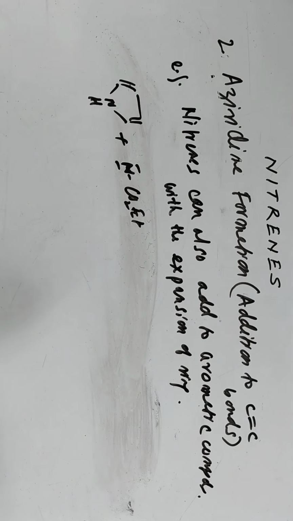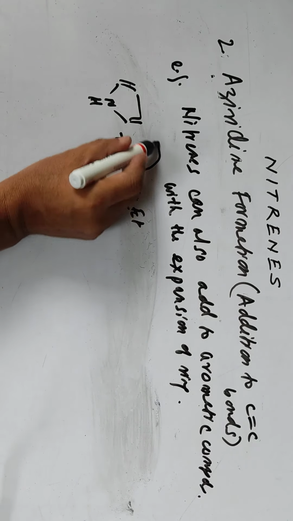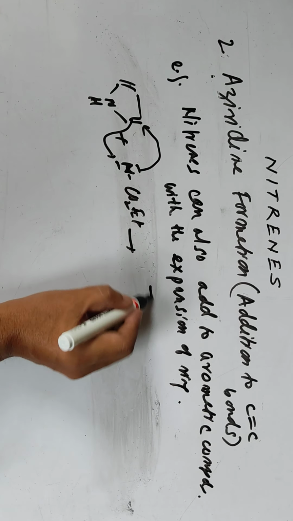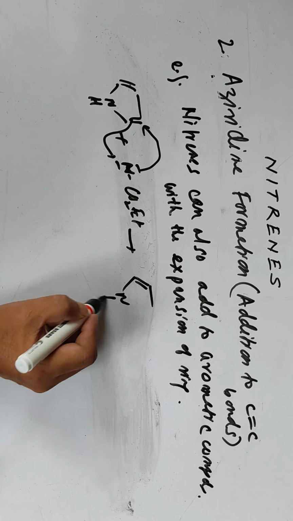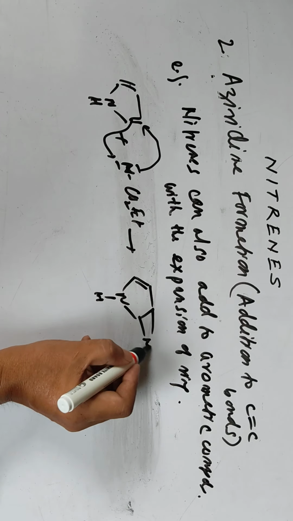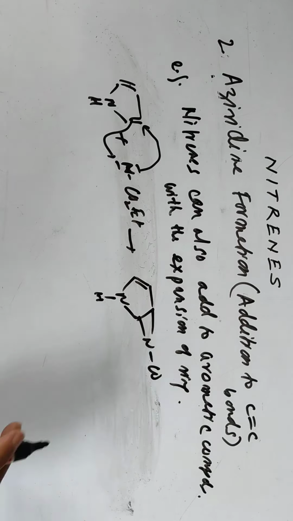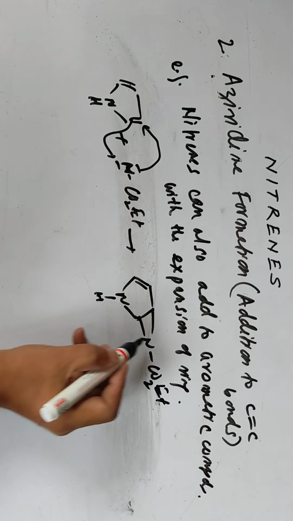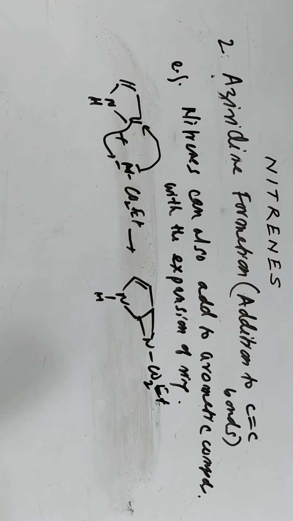So first the double bond compound attacks this one, right? So an aziridine formation takes place, with CO2Et and CO2Et. So the first formation is an aziridine compound, a cyclic aziridine.